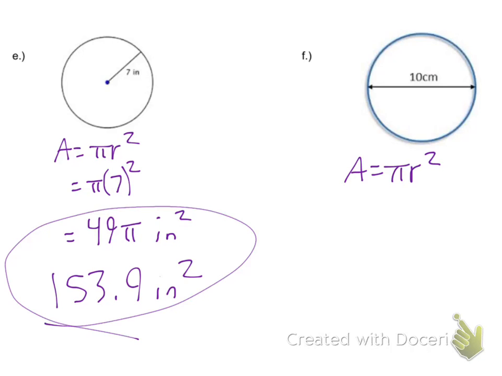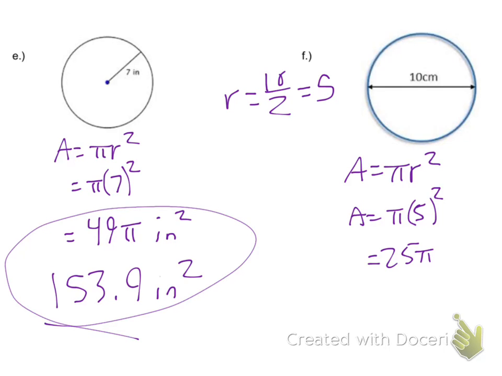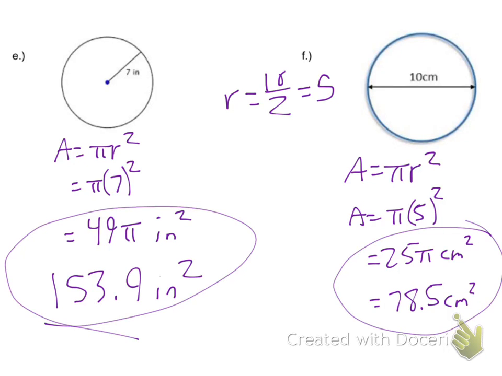So I need to take 10 over 2, which is 5, so area equals pi times 5 squared, or 25 pi, and we are centimeters squared, and we multiply that by pi. Logan? 78.5 centimeters squared. Both of those answers are awesome.